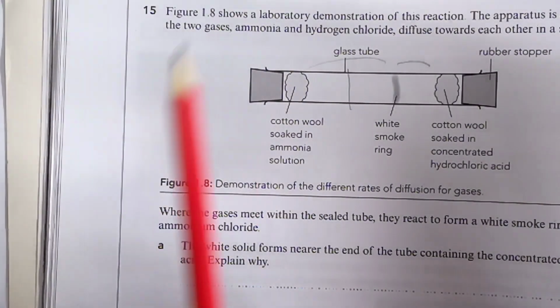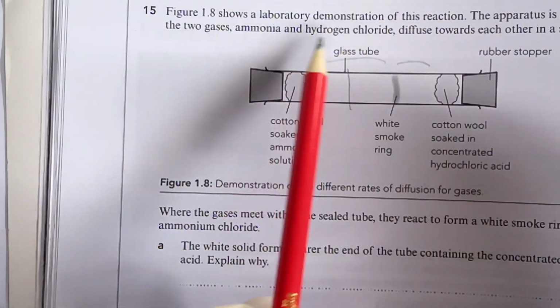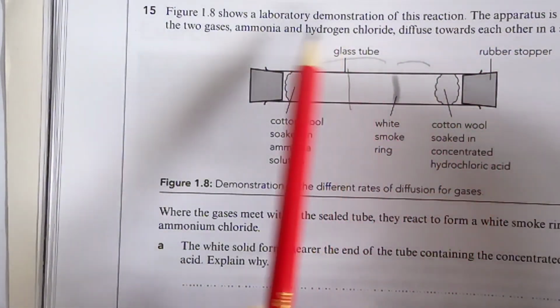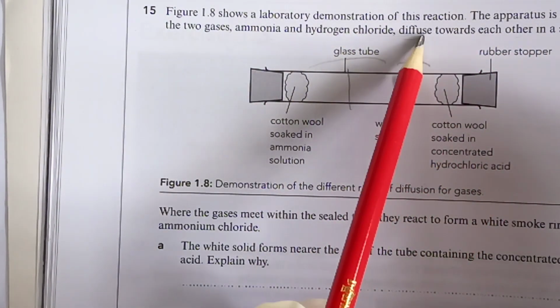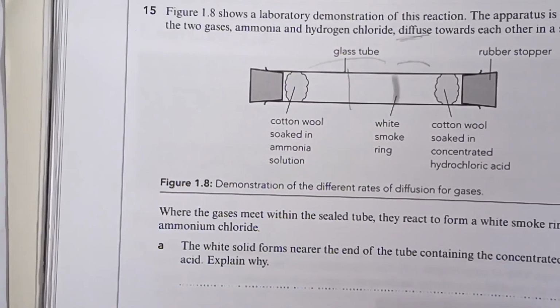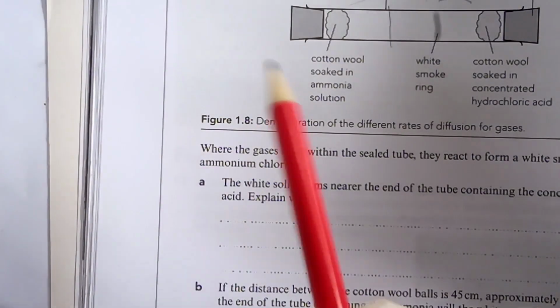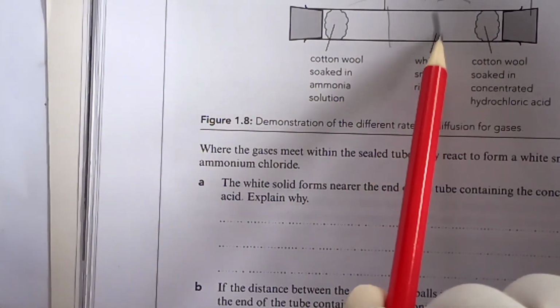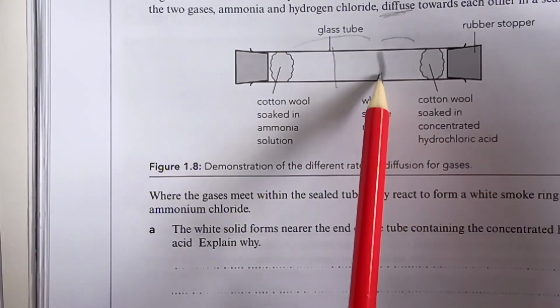Now, what is given in the question is that ammonia and hydrogen chloride diffuse towards each other. It already uses the word diffuse. So we do not explain diffusion. What we have to explain is why the white solid is formed here.